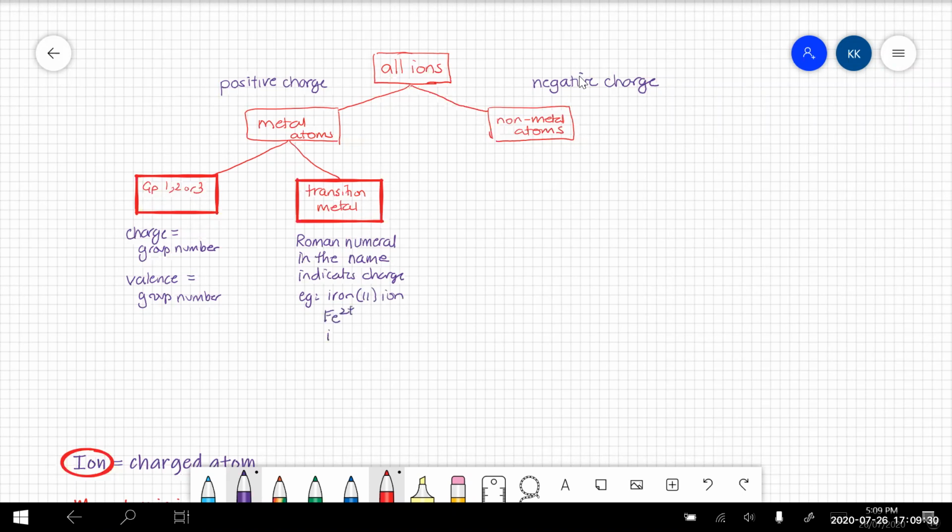But if we were looking at the iron 3 ion, that would be Fe3+. And again, our valence is equal to our charge. So here, our valence is equal to 2 for iron 2, and our valence is equal to 3 for iron 3. And so the transition metals, if they don't have a Roman numeral, you assume a charge of 2.